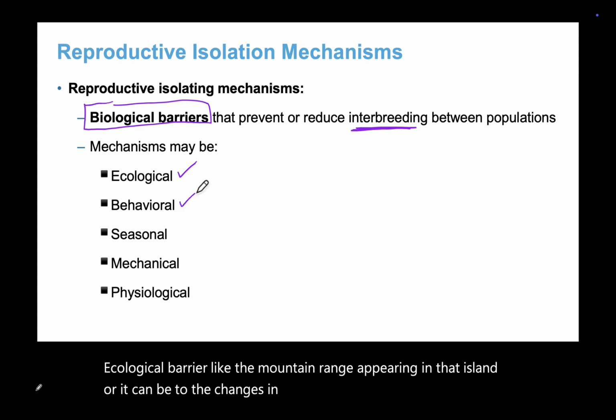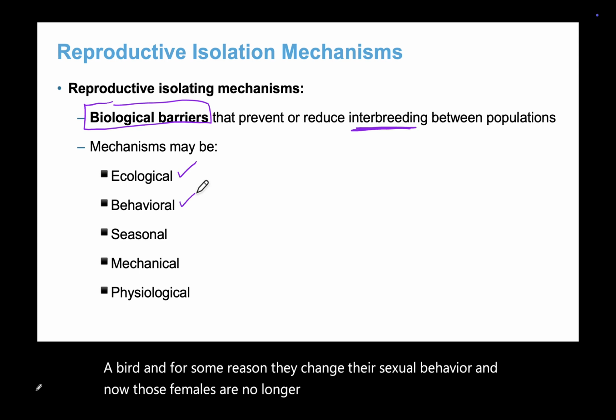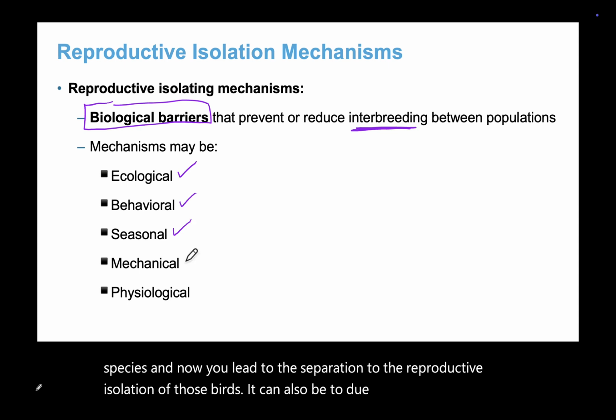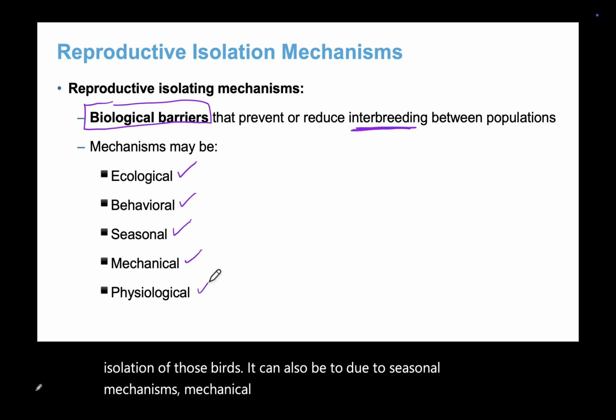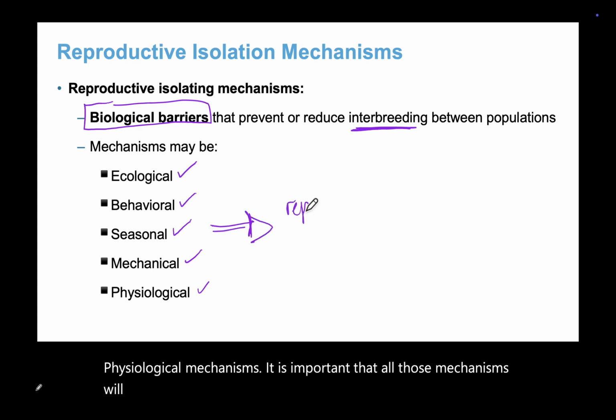For instance, you have a bird and for some reason they change their sexual behavior, and now those females are no longer attracted to certain males of that species, and now you lead to the separation, to the reproductive isolation of those birds. It can also be due to seasonal mechanisms, mechanical, or even physiological mechanisms. It is important that all those mechanisms will cause reproductive isolation.